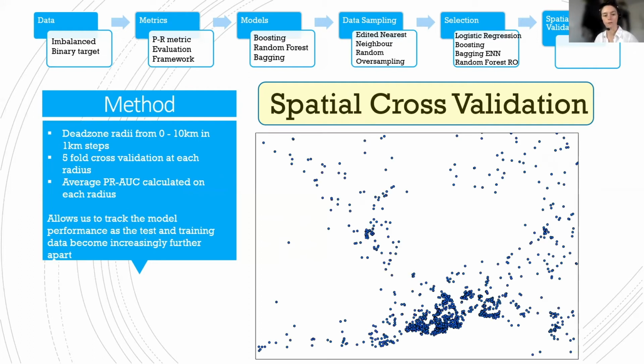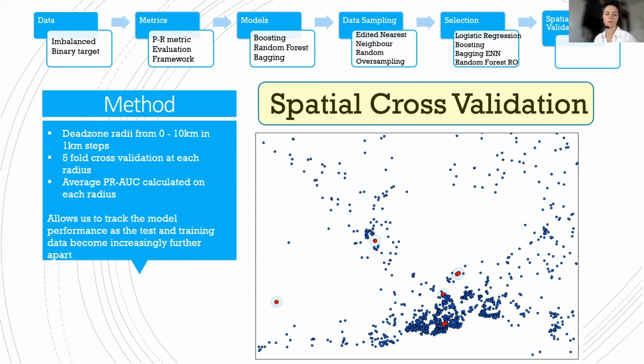So with spatial cross-validation, instead, we consider the data where it is located spatially and randomly select the test points and then create a buffer around each of those test points, and any point that's within that buffer cannot participate in the training data set for that run. So in this instance, we implemented that stepwise from 0 to 10 kilometers in 1 kilometer steps.